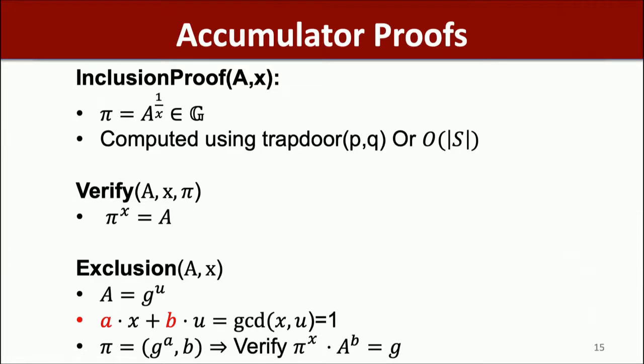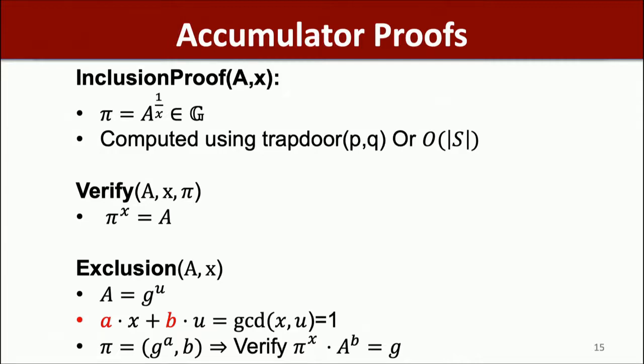I can also do exclusion proofs, and this relies on these Bezout coefficients, so that there are these integers, x and a and b, such that a times x plus b times u is equal to 1. And these integers always exist if and only if x and u are co-prime.